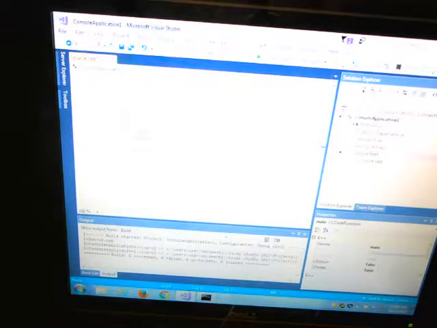cin letter. If letter equals... Does it have to be in quotes like that?